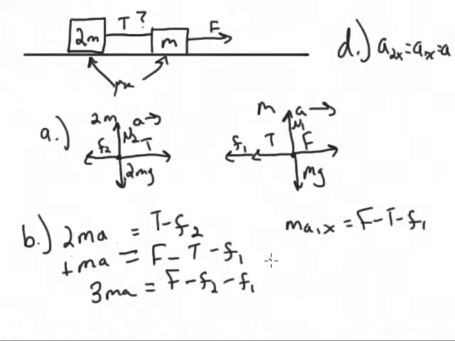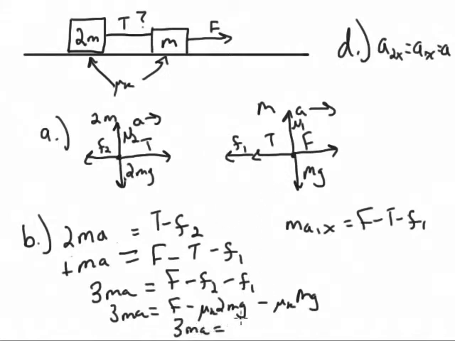What we know is that there is no acceleration in the vertical directions, so the normal force will be equal to the weight of each one. So we can rewrite this as 3ma is equal to F minus mu k 2mg minus mu k mg. And then we can add these together, so we'll get 3ma is equal to F minus 3 mu k mg.